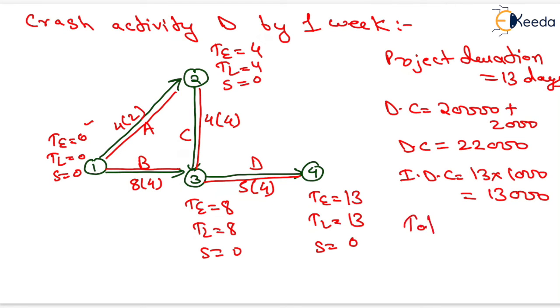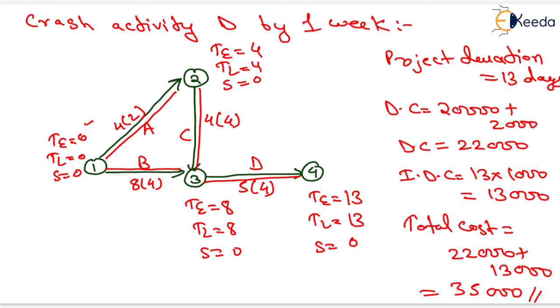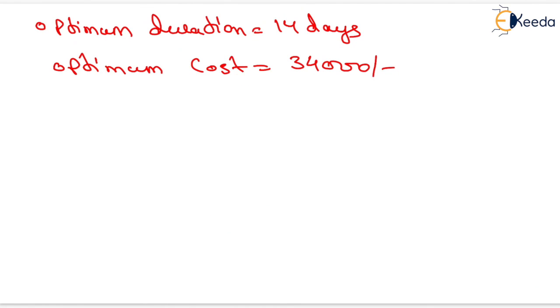So total cost will be equals to direct cost, that is 22,000 plus indirect cost, that is 13,000. After adding these values we will have the total cost equals to 35,000 rupees. So optimum duration equals to 14 days and optimum cost equals to 34,000 rupees.